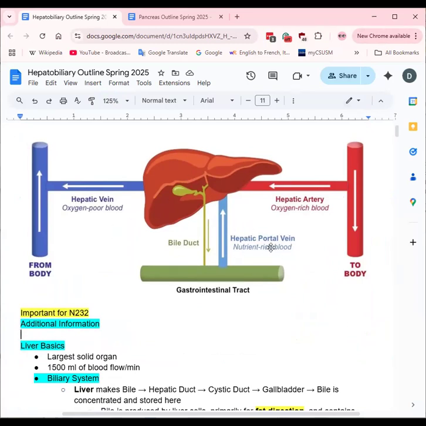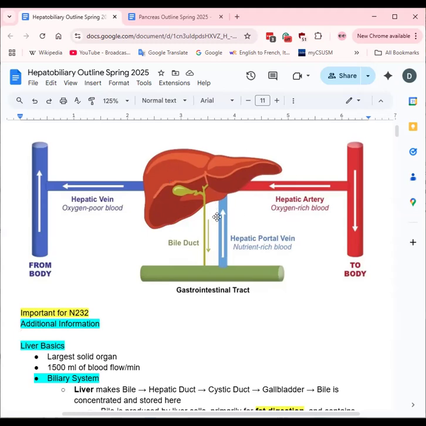You also have the hepatic portal vein, which is providing nutrient-rich blood. That's going to be blood from the GI tract. It makes its way through the portal vein and makes it to the liver.